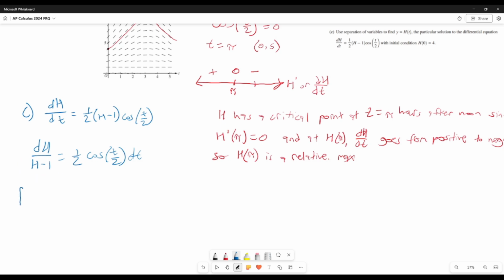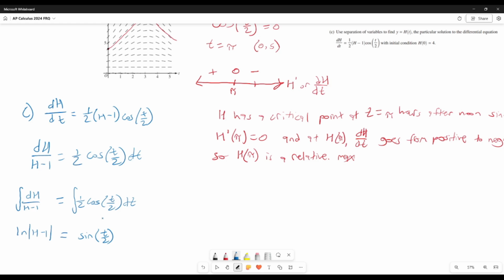And we can integrate both sides now. And over here, we should recognize this as the natural log of the absolute value. And over here, this is simply going to be sine of t over 2.